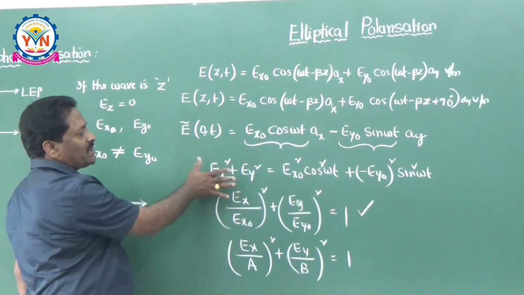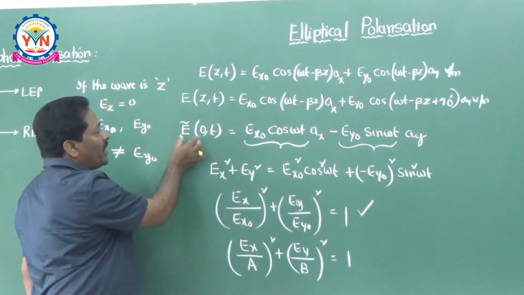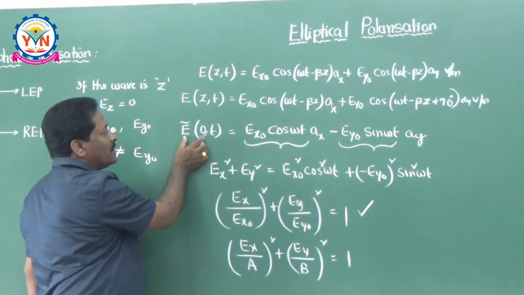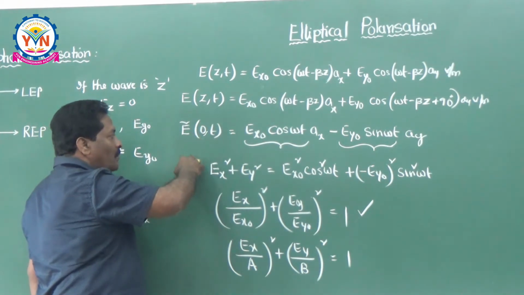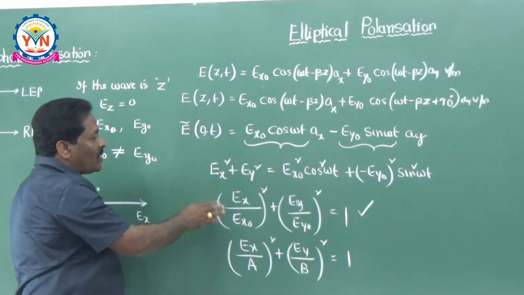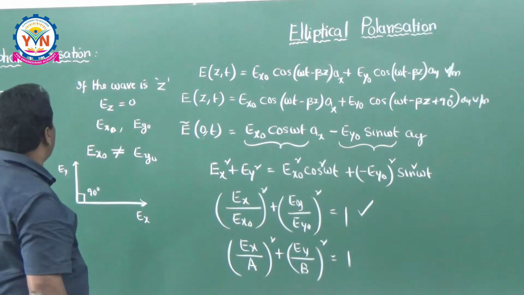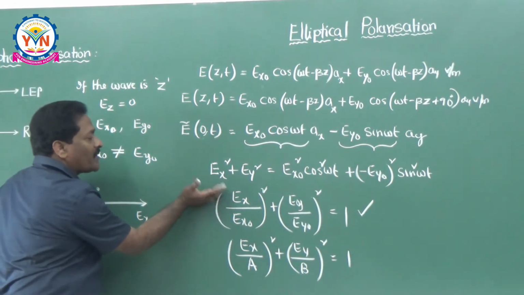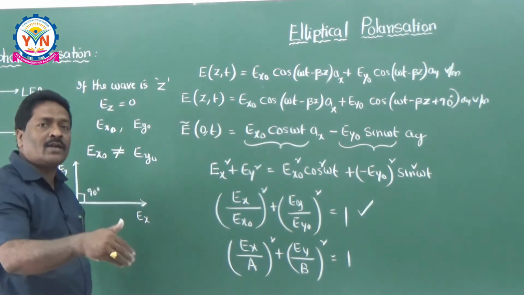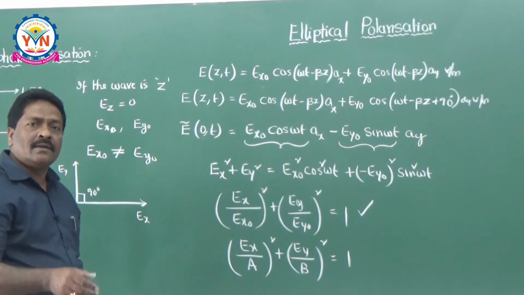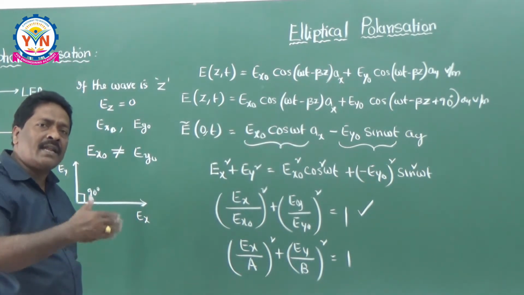So this equation is telling us that the variation of electric field intensity is in the shape of an ellipse. Once again, we have to decide whether this ellipse is left hand or right hand, because there are two types of polarizations, left elliptical or right elliptical.